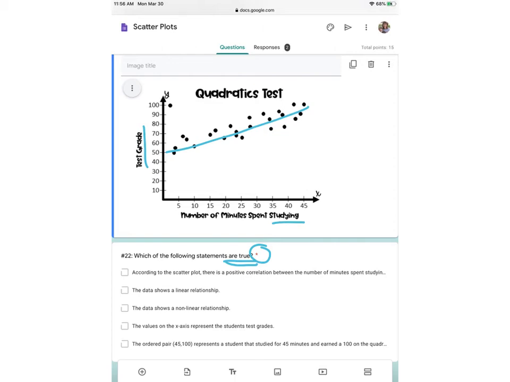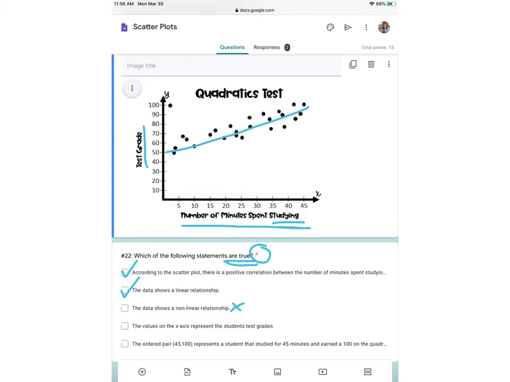So let's look at the choices. According to the scatter plot, there's a positive correlation. Yes. The data shows a linear relationship. I do think that is increasing, and it does look to be sort of an upward trend. It's not curvy, it's not nonlinear, so it's not this one. The value on the x-axis represents the student grades.